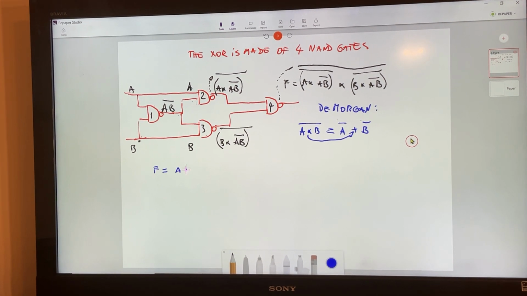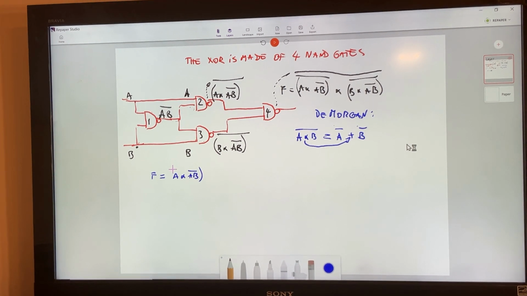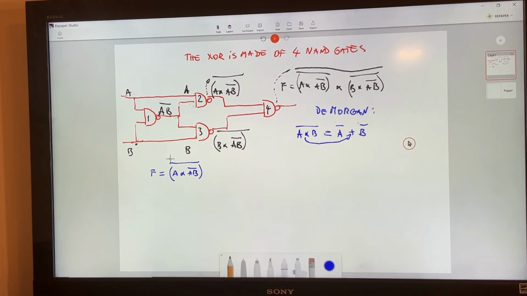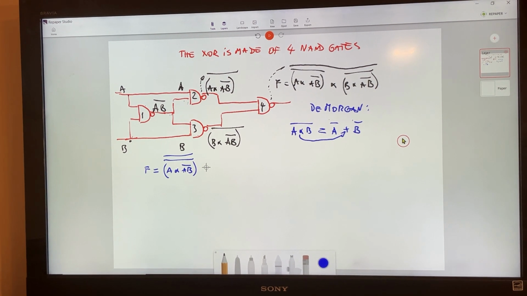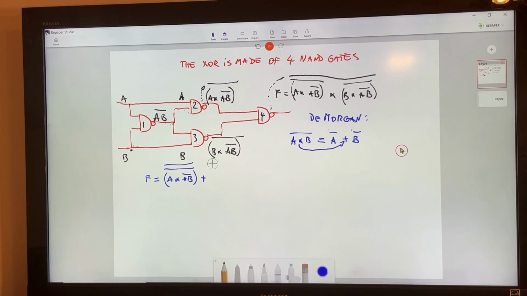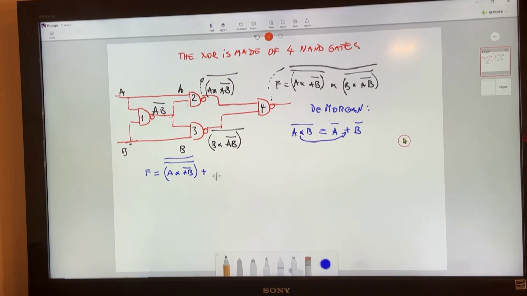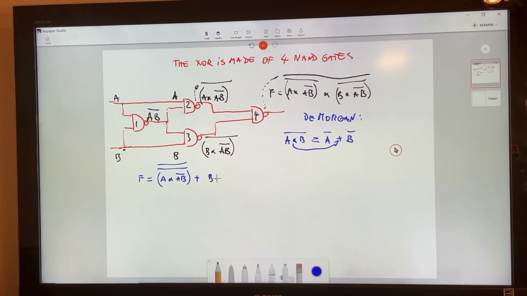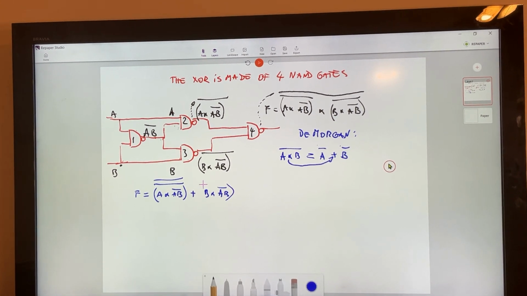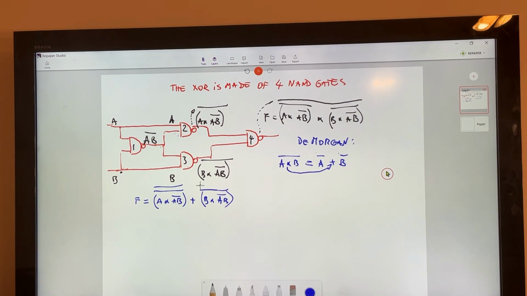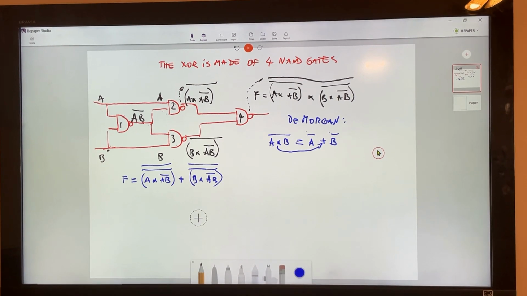It is A times AB with the bar and with half of the bar in the top of the whole thing right here, plus, because the multiplication is switched to addition, B times AB with the bar in the top and with half of the whole thing in the top, and this is the new expression.